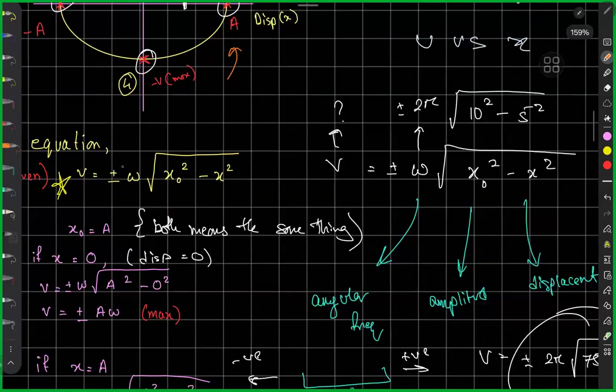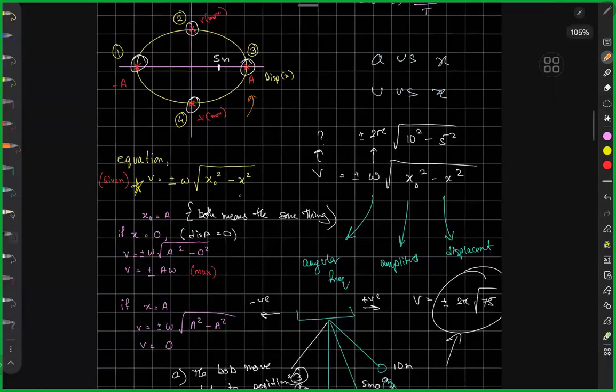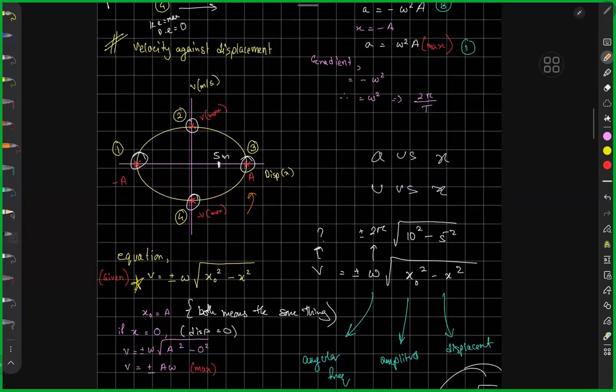And the last thing I'll mention: why is this plus minus here? Because for every possible answer that you have, there can be two velocities, or velocity directions. What that means is, let's say I have a displacement of 5 meters.